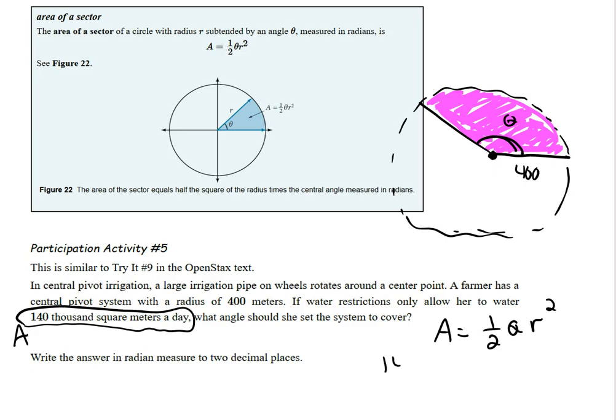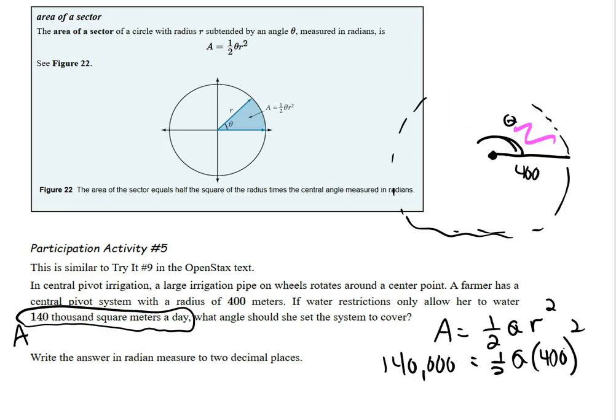A is 140,000 square meters, theta is what I'm looking for, and R is 400 meters, squared. I ran out of room here. Let me erase this. What I need to do is solve that equation.